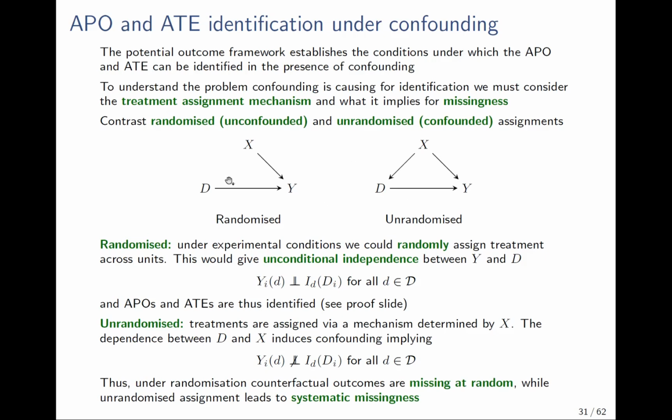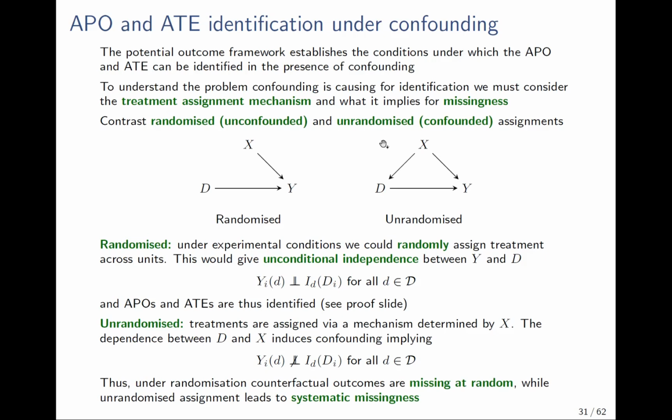If there was a backdoor path, unconditional independence would not hold, because the value that the outcomes take would be dependent on the treatment assignment mechanism via the path that can be taken through X. So actually the absence of confounding, that is, the absence of a common factor and association, arises due to randomization, and that is why there is a very close link between randomization and the concept of confounding.